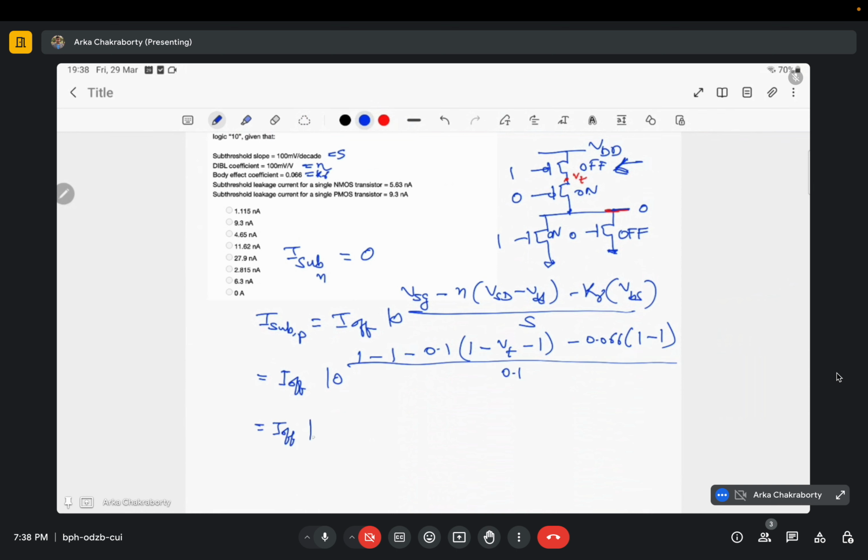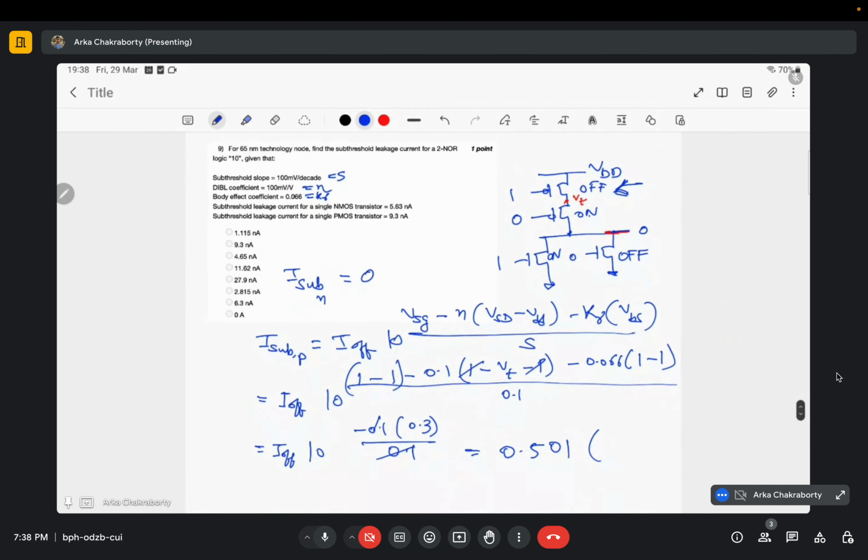So I off times 10 to the power minus 0.1, this will cancel, into 0.3 divided by subthreshold slope 0.1. So 10 to the power minus 0.3 is how much? 0.501.